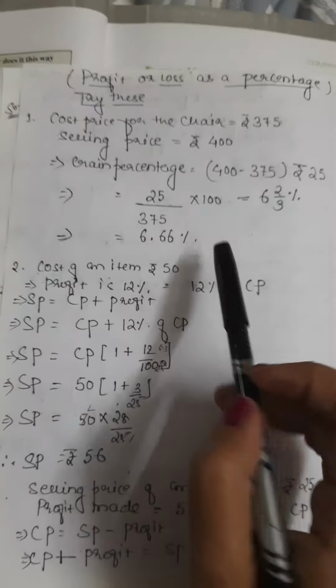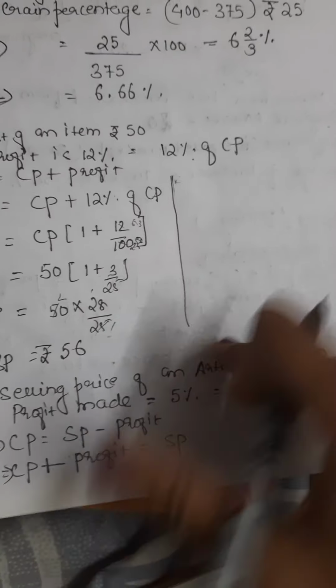Is that clear? There is another way how you can solve this. I'll tell you. 12% of the cost price. Here the cost of the item is rupees 50.